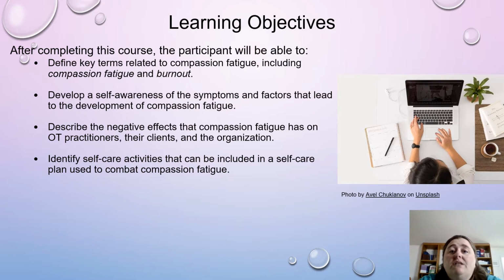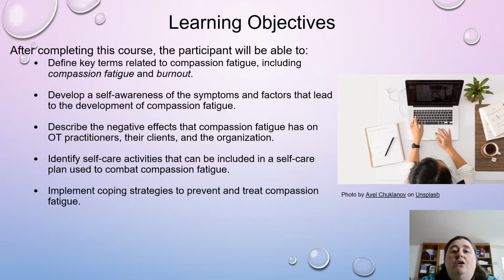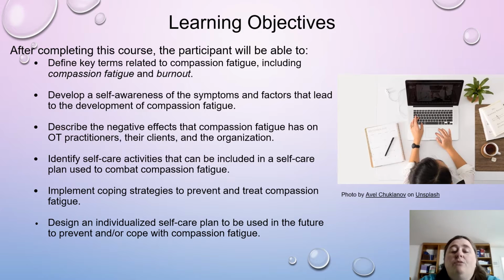You'll also be able to identify self-care activities that can be included in a self-care plan that can be used to combat compassion fatigue. You'll be able to implement coping strategies to prevent and treat compassion fatigue. And you'll be able to design an individualized self-care plan to be used in the future to prevent and or cope with compassion fatigue.